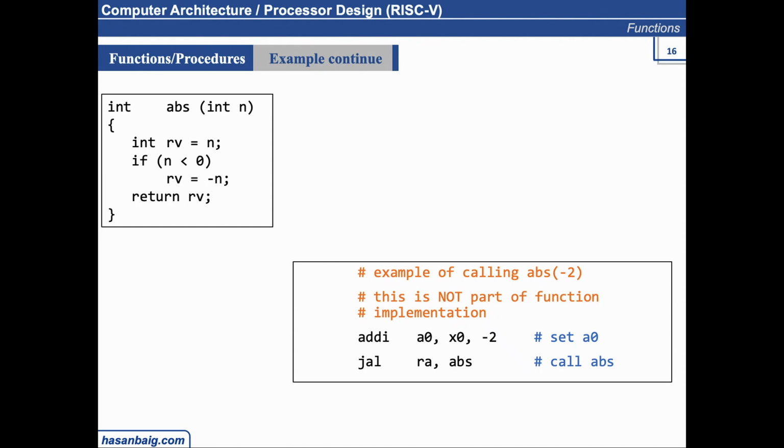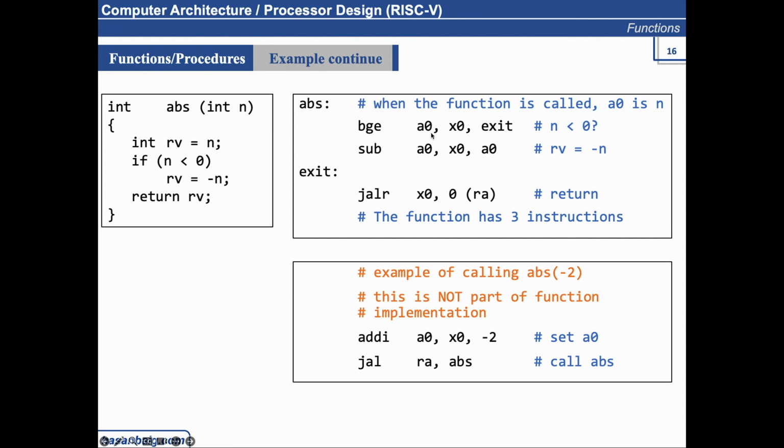Consider this as a0. Then we call the function abs. Now this function will automatically read the value from a0 because it knows that the argument is stored in this register.